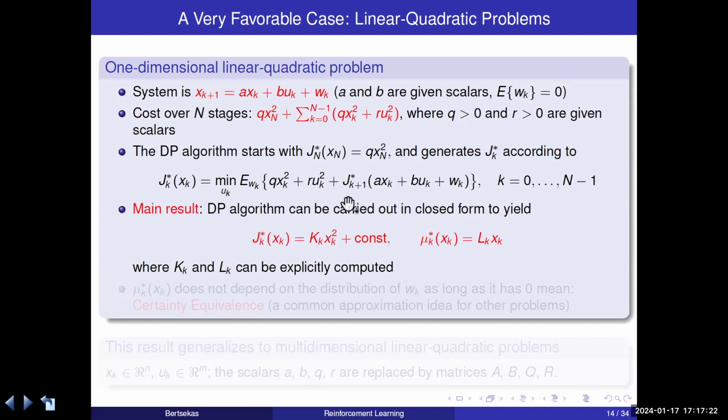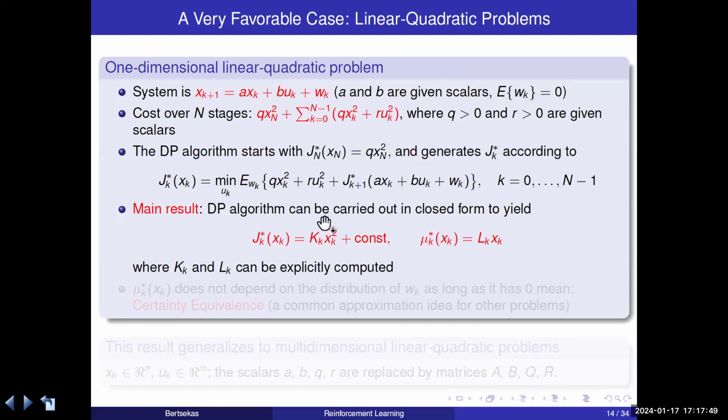And the main result here is that this algorithm can be carried out in closed form and yields optimal costs to go of the following form: quadratic, with K_k being some number that can be computed in closed form, plus a constant. And constants, of course, don't bother us because they get outside the minimization.